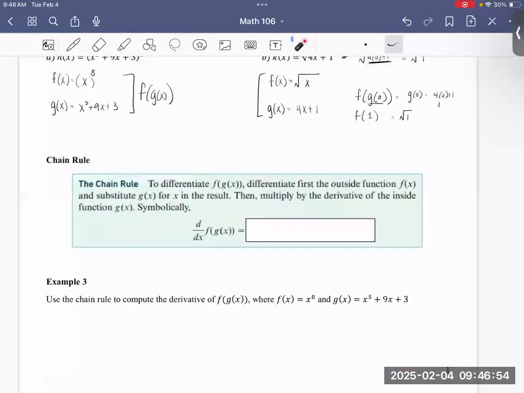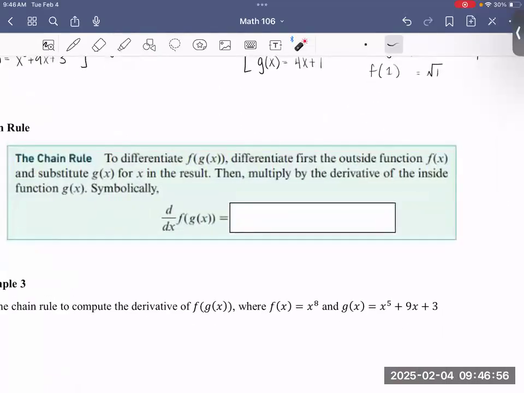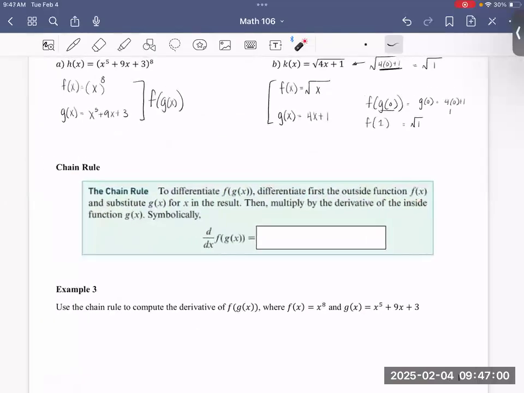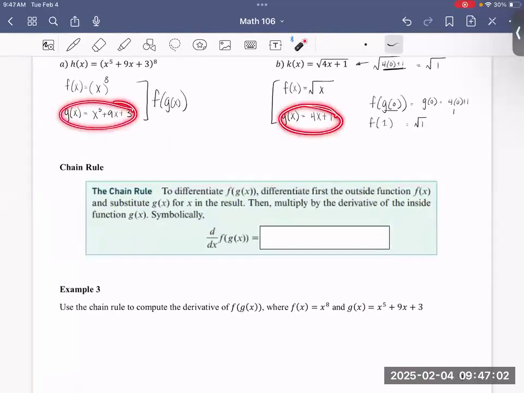Now, how that relates is that with the chain rule, we differentiate first the outside function. So before you get to touch these inside functions, you first need to derive the outside. These have your exponents, your power rule. So first derive the outside function f of x. Substitute g of x for all x in the result. Then multiply the derivative by the derivative of the inside function.